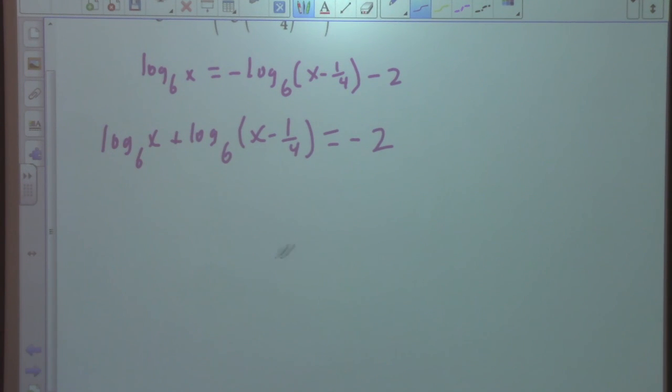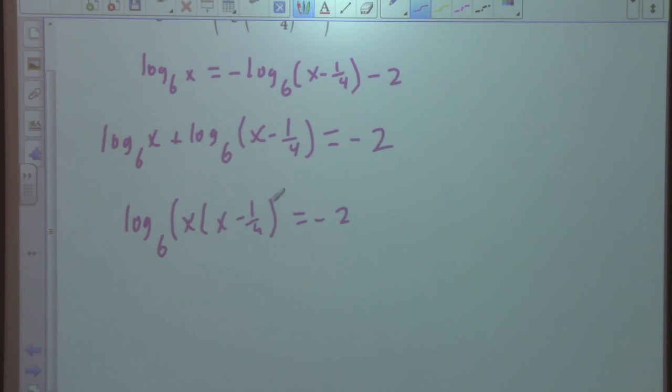Combine the logs. Log base 6 of x times x minus 1/4 equals negative 2. Then what?